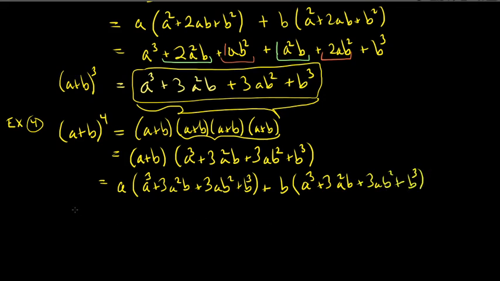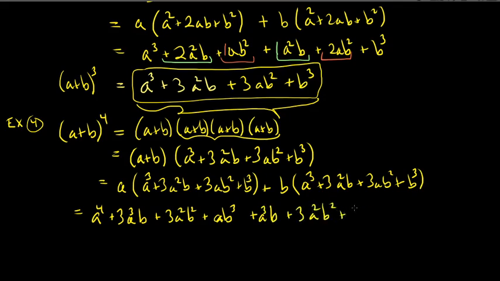So you're going to get a to the 4th, a times a cubed is a to the 4th, plus 3a cubed times b, plus 3 times a squared times b squared, plus a times b cubed. And then for the second 4 terms here, you're going to get b times a cubed, plus 3a squared b squared, plus 3ab cubed, and then b times b cubed is b to the 4th.